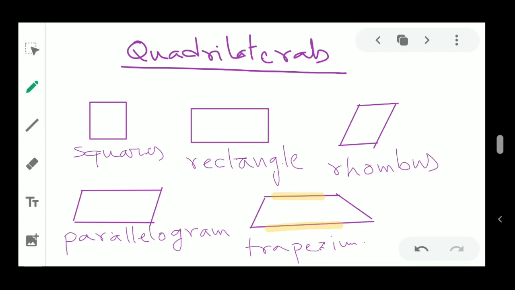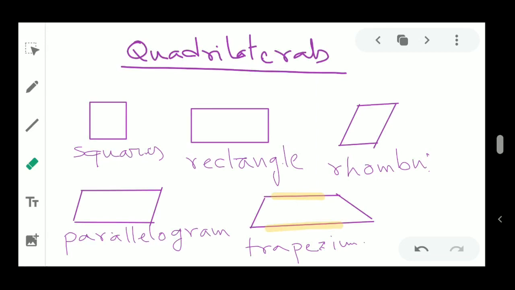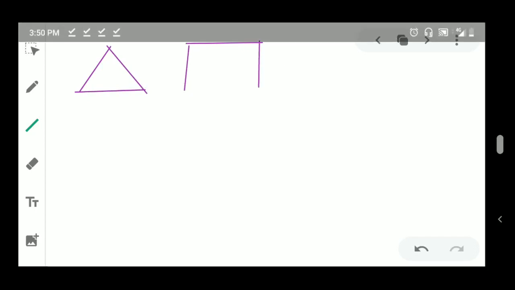Okay, now ultimately what we are having, we are having triangles and quadrilaterals, but more things are there. The shapes that we can make with more lines, like if we use 3 lines, we can get a triangle, right? So we can get a triangle if we use 3 sides. If we have 4 sides, we can get quadrilaterals.